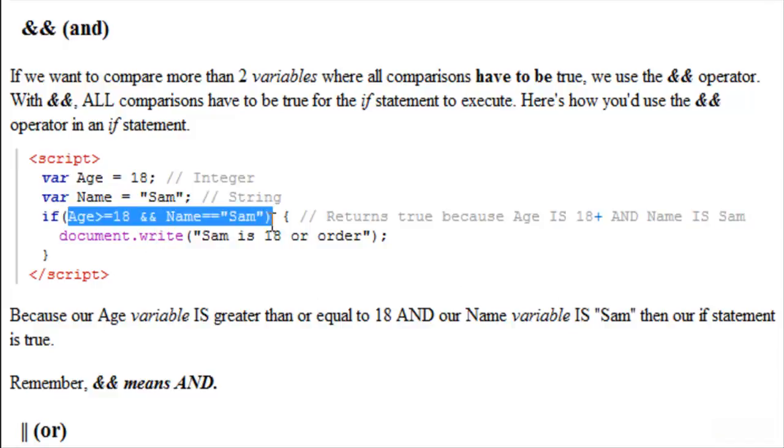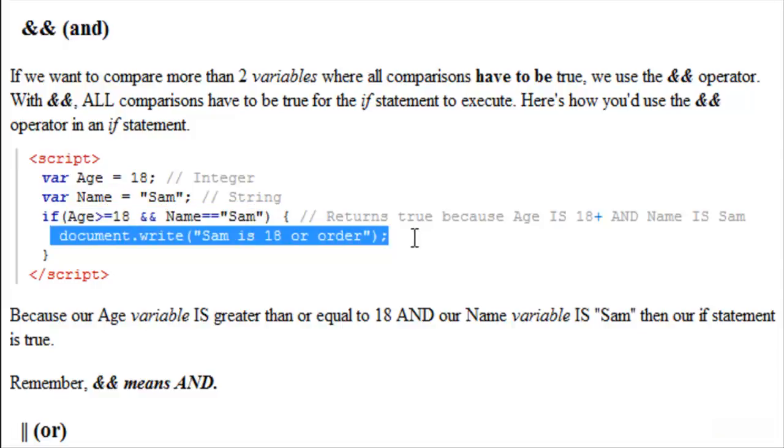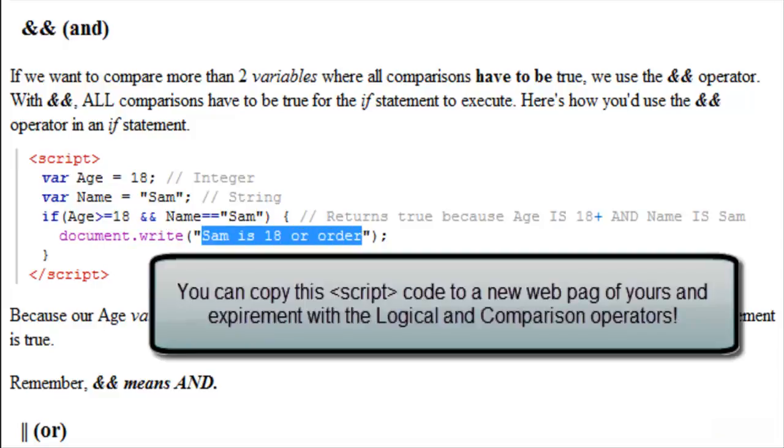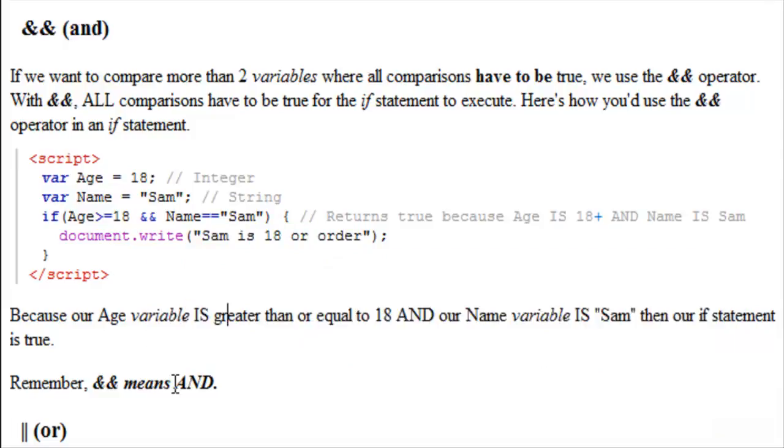So because both of these are correct, that's a true statement, it's going to execute our code. So we just wrote, document write, Sam is 18 or older. So this, you just have to remember that the 2 and signs mean and. And that's how we use them.